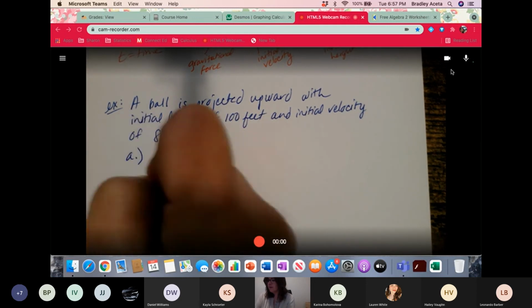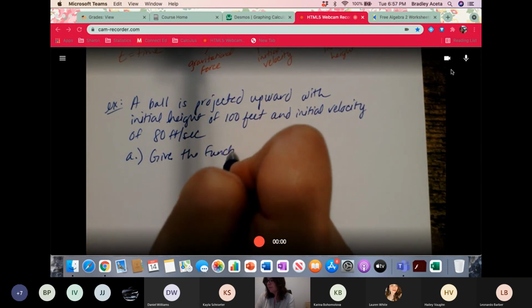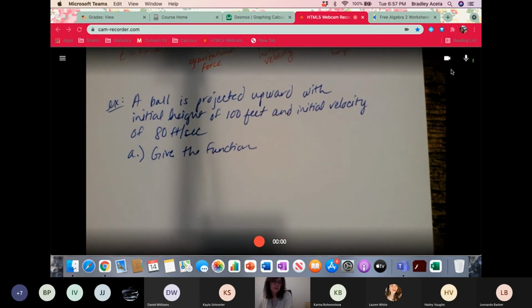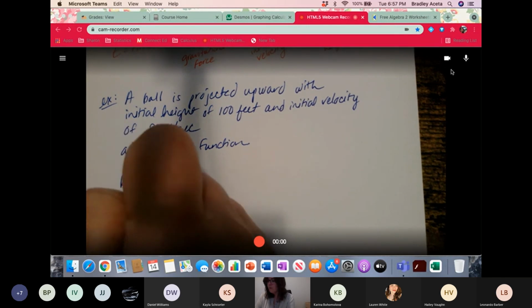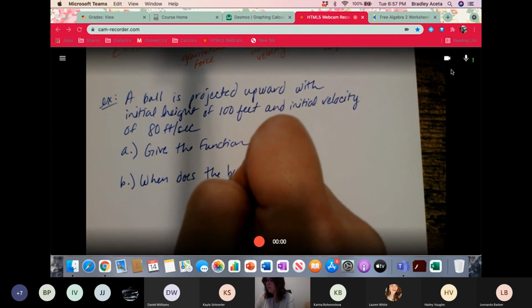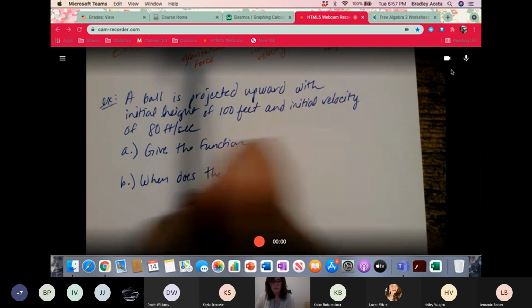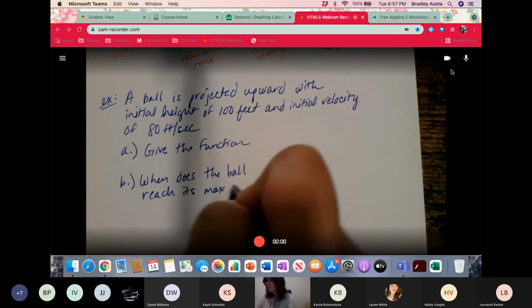And there's going to be a couple of parts to this. Part A, give the function. So write the function. That's not hard. Part B, when does the ball reach its max height?